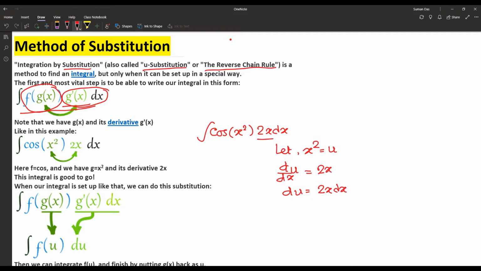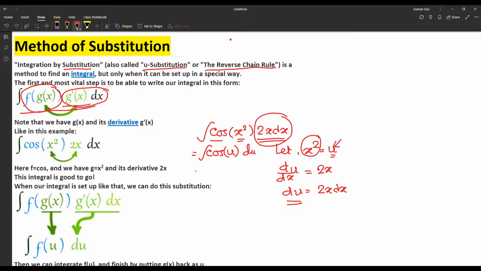Now look at it: that is 2x dx and that is cos x square. So if we substitute x square with u, it becomes cos of u, and 2x dx is equal to du.